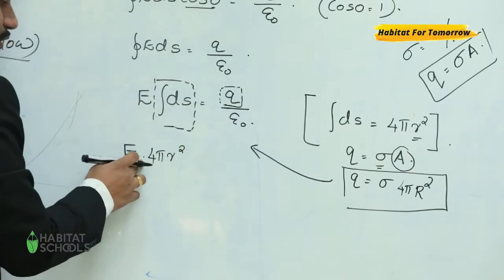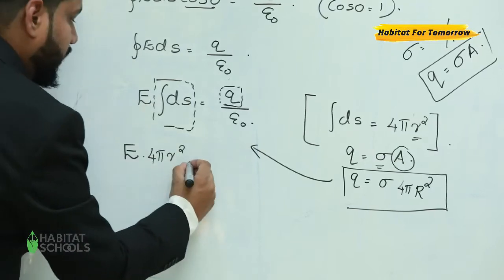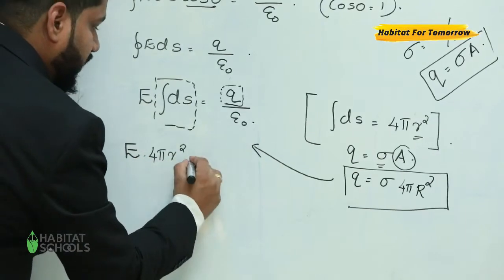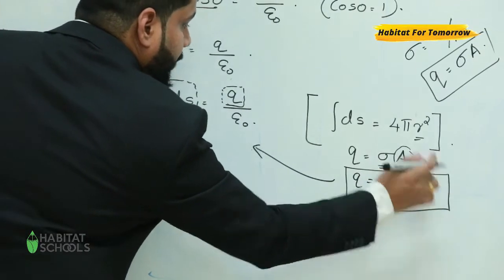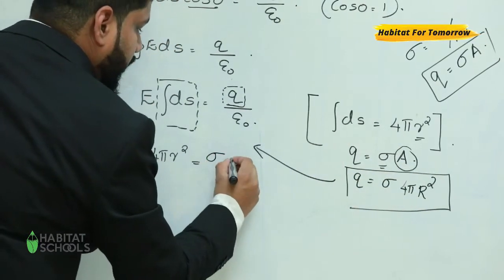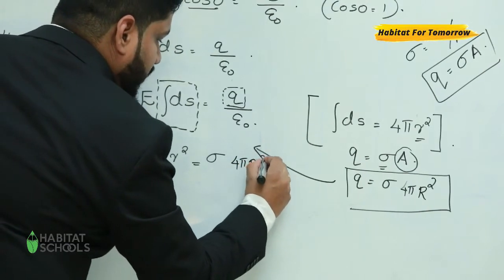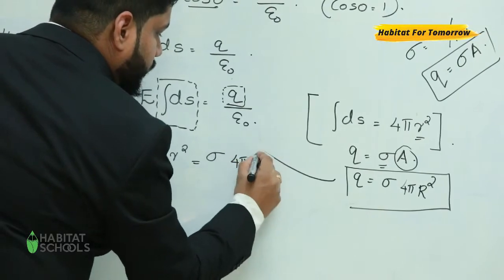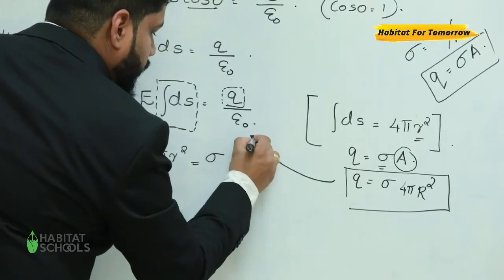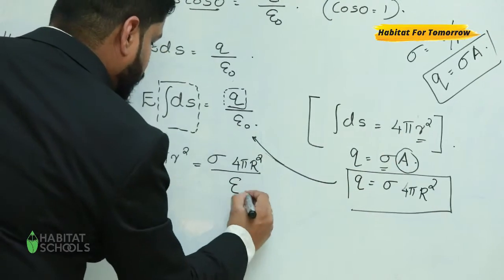See, this dot is not dot product, it is multiplication only. Okay, so here E into 4 pi r square is equal to Q. What is Q? Sigma into 4 pi capital letter R square, divided by epsilon 0.